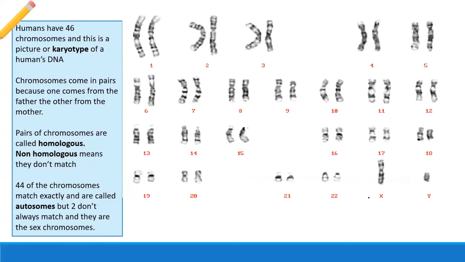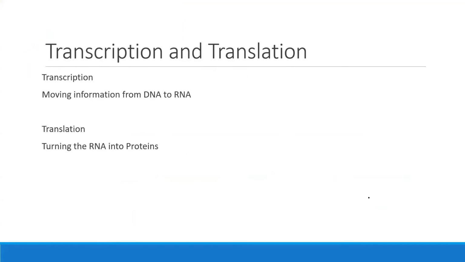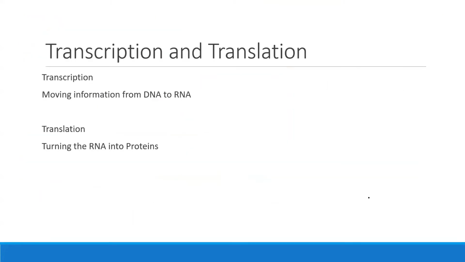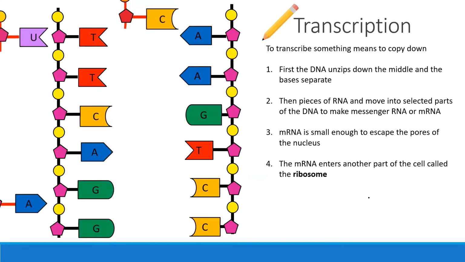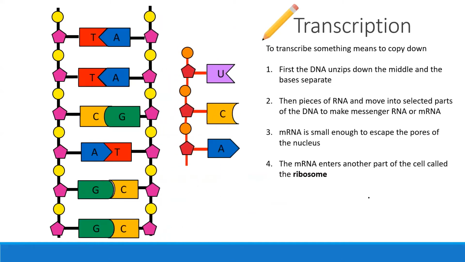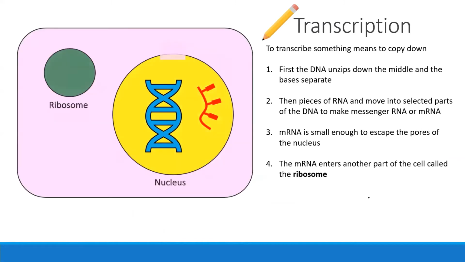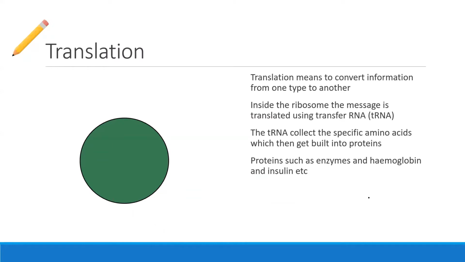Let's go back. Last lesson we talked about transcription and translation, which is essentially how we go from this DNA molecule to a complex organism. We talked about how RNA can swoop in and copy half of the DNA strand, and then that little strand of messenger RNA is sent out of the nucleus of the cell and goes into the ribosome. What does the ribosome do with this RNA?